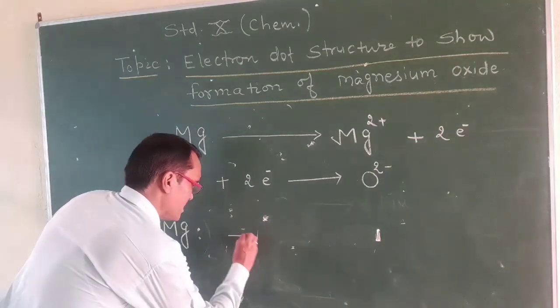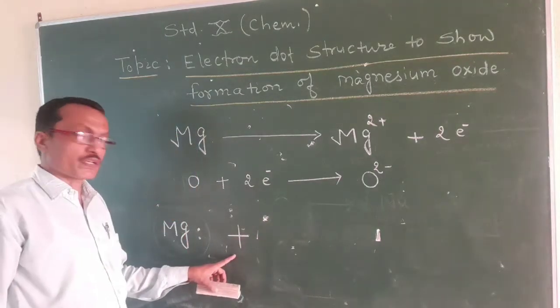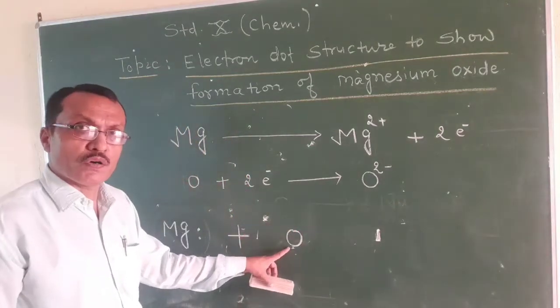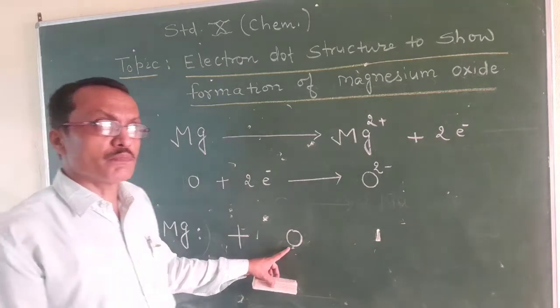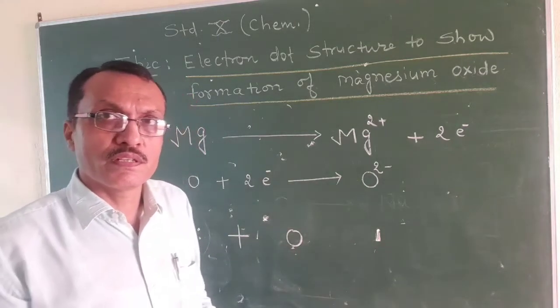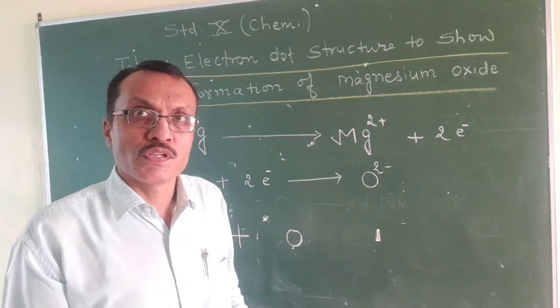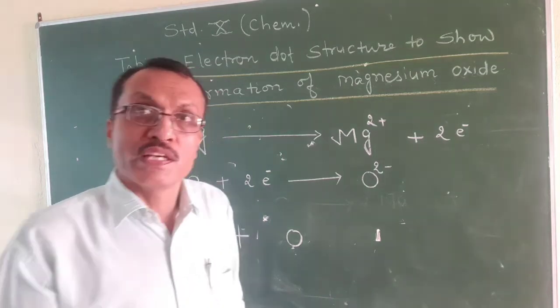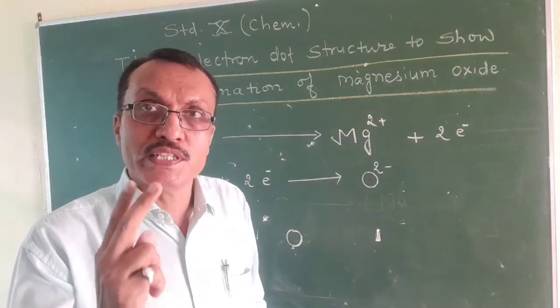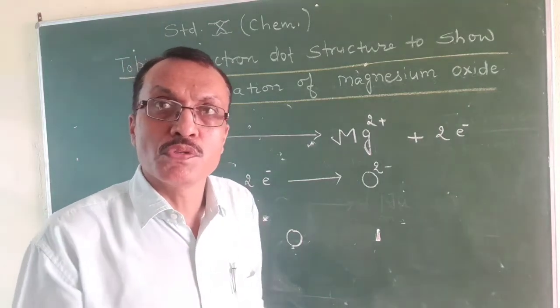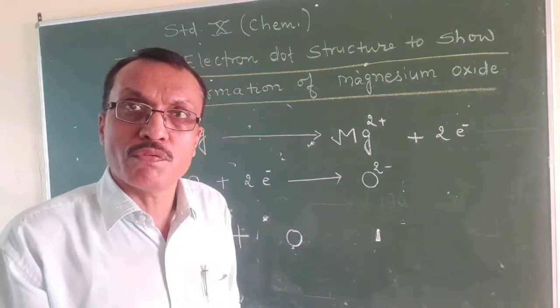And now it will combine with oxygen, so plus, and then the symbol of oxygen. In the outermost orbit of oxygen there are 6 electrons. Those 6 electrons, in pairs of 2 each, you have to show around the symbol of oxygen.